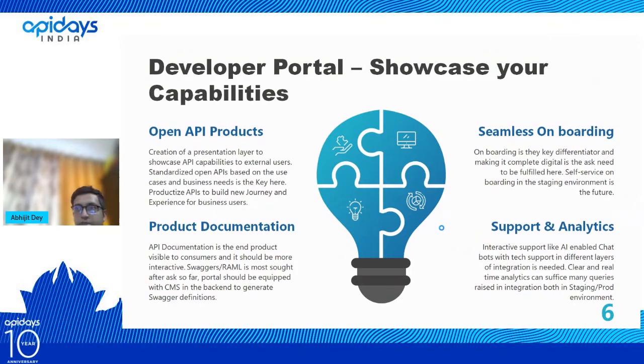You have built your capabilities, you have published them, you have reached out to many folks, but when they are trying to consume it, if you take time to give access, if you take time to onboard them, that's painful for your consumer. They cannot wait in this competitive market, right? And support and analytics, I have already covered support. But I personally believe that if API is a technical product, the support should be in a technical way, right?